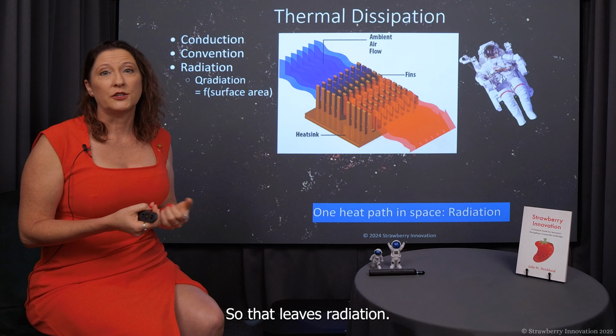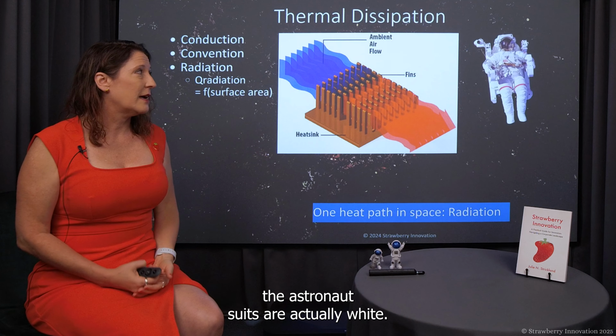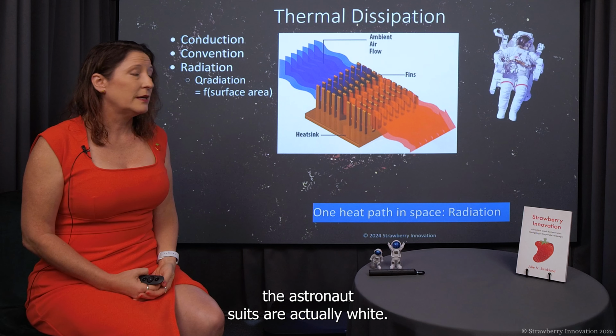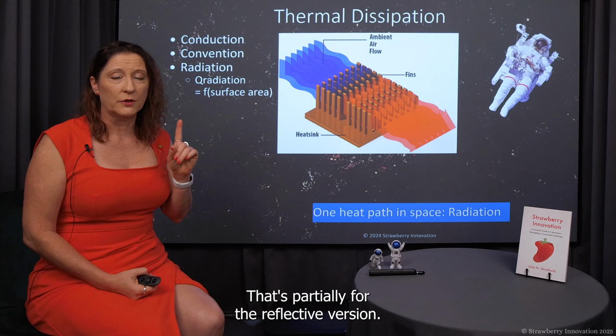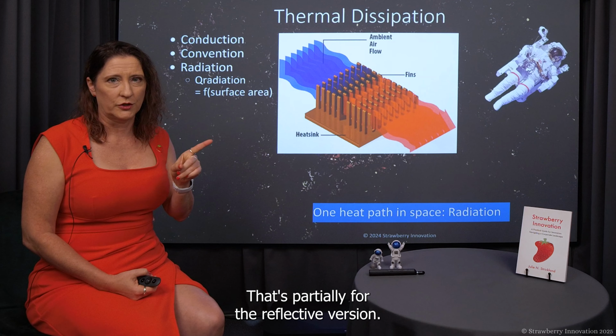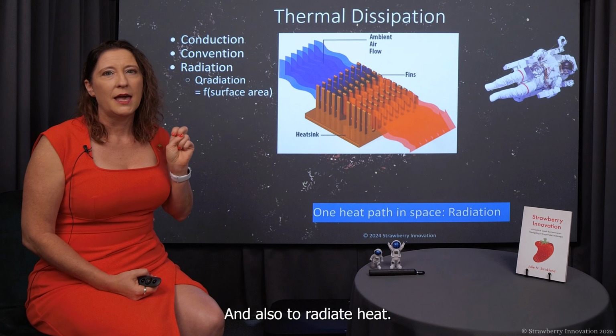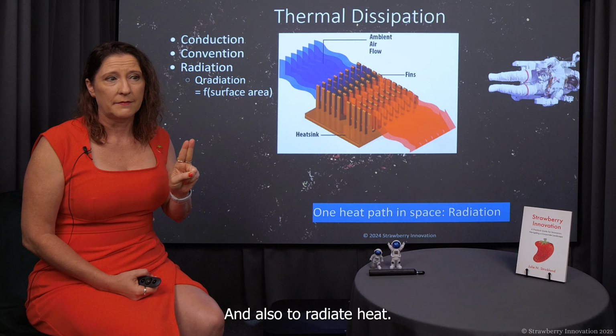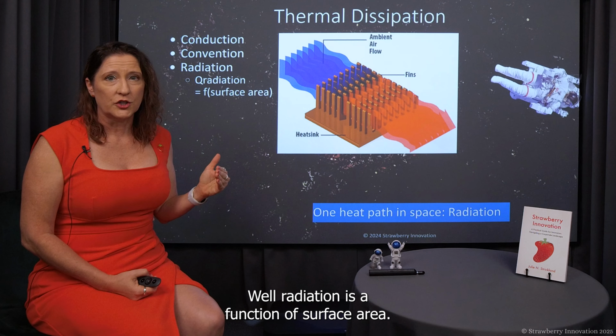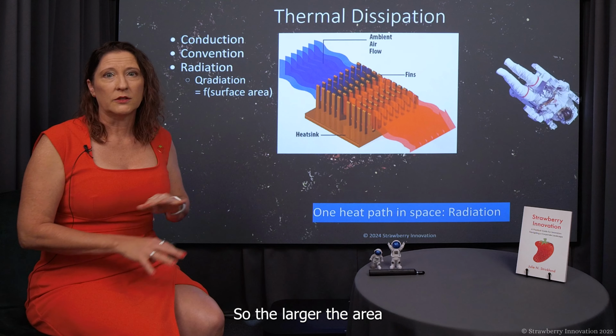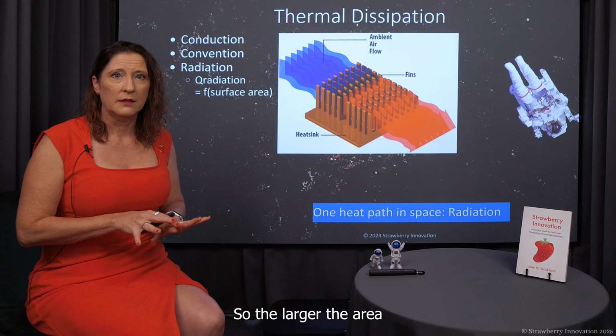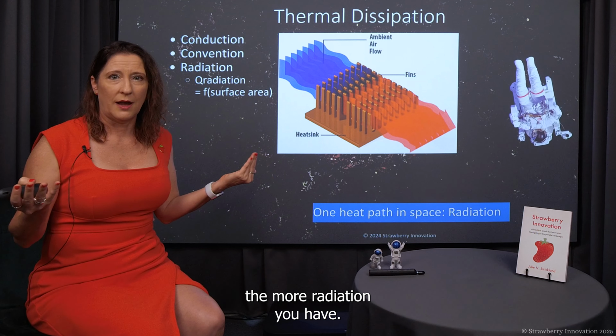So that leaves radiation. As you see, the astronaut suits are actually white. That's partially for the reflective properties, and also to radiate heat. Well, radiation is a function of surface area. So the larger the area, the more radiation you have.